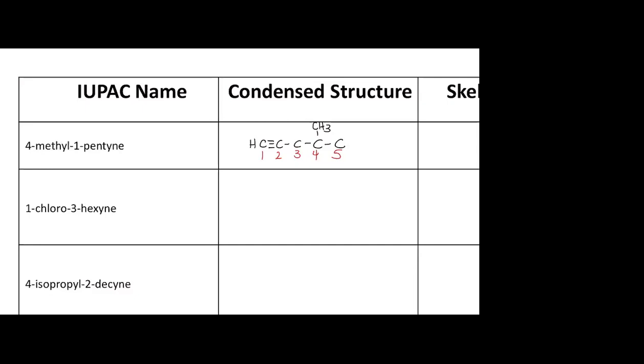How many hydrogens? Love to see those zeros. What about carbon 3? Oh, you guys got this. Carbon 3 needs 2. What about carbon 4? Awesome, 1 hydrogen. And lastly, carbon 5.